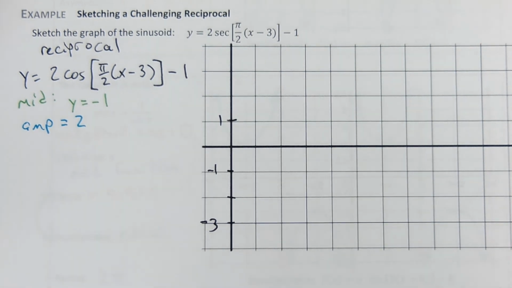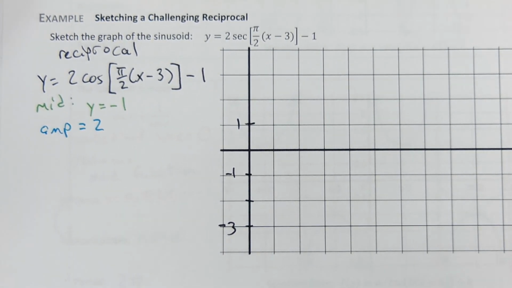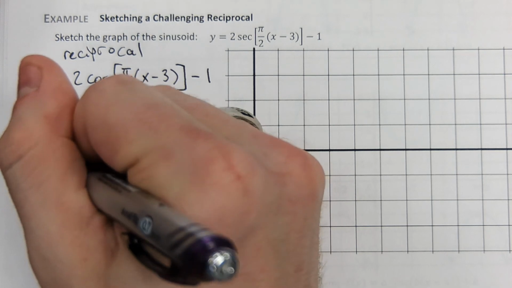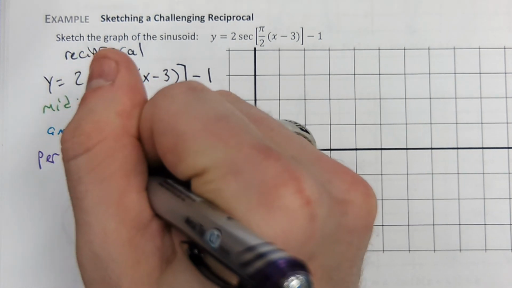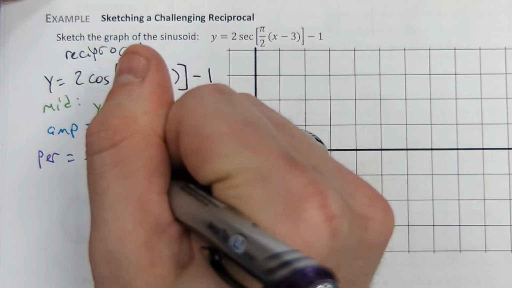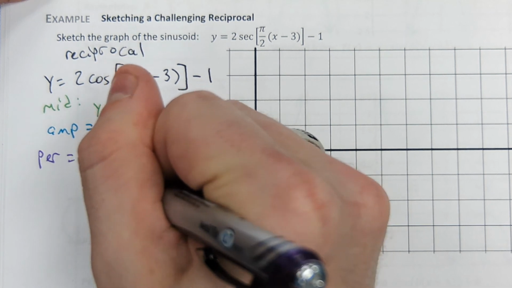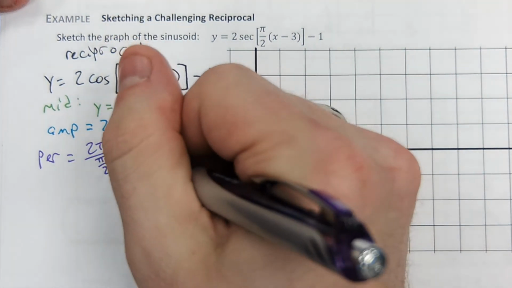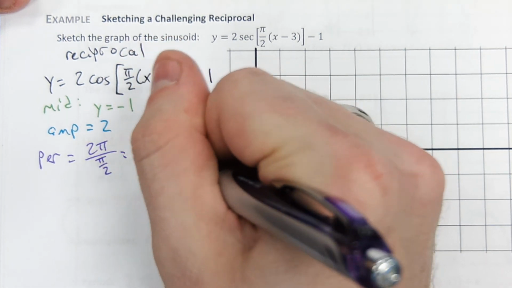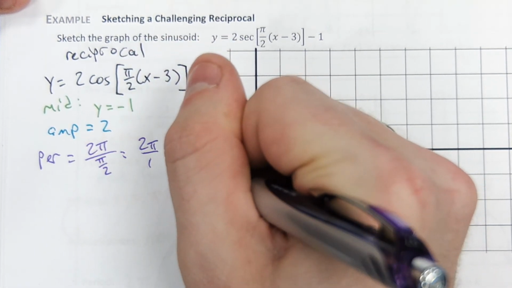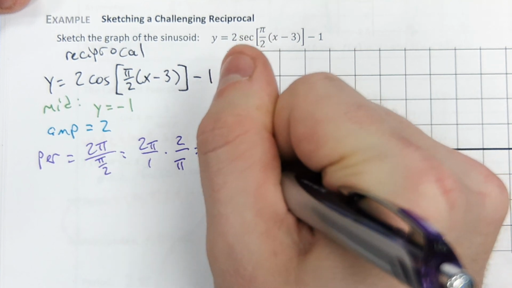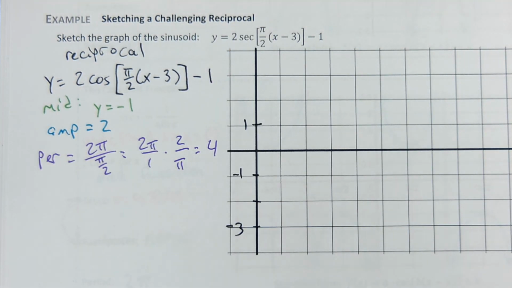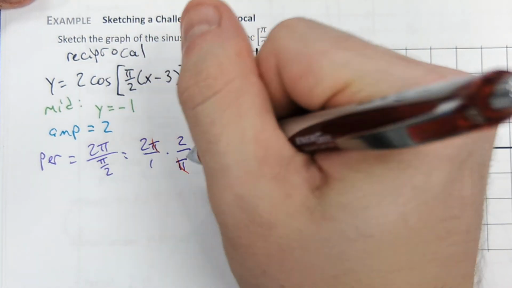We're going to have an interesting period length this time, though, because the period's supposed to be 2 pi over b. Ours is 2 pi over pi halves. Dividing by a fraction is the same as multiplying by its reciprocal. 2 pi over 1 times 2 over pi, bless you, is 4, because the pi's cross cancel.